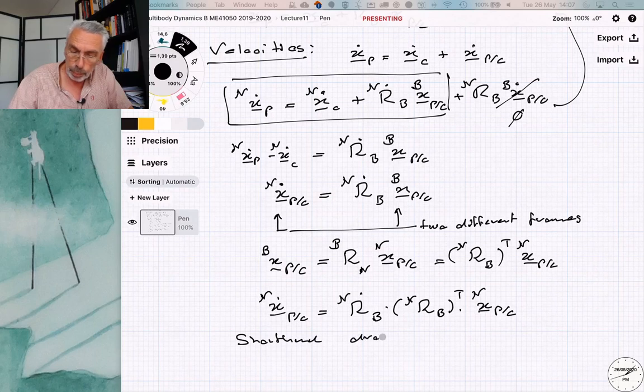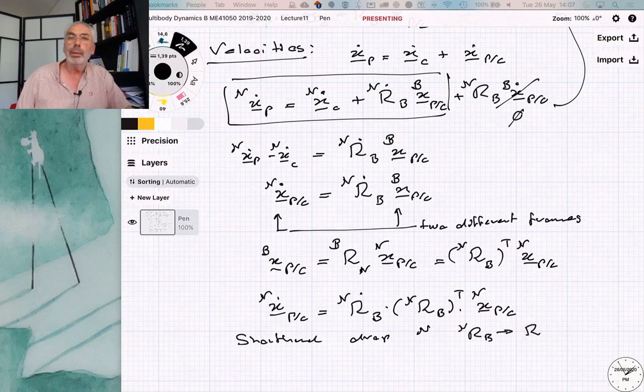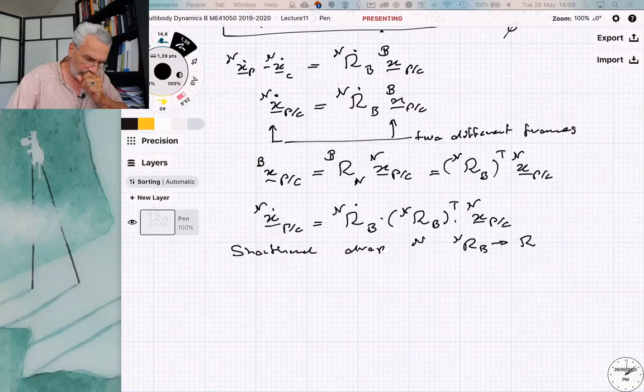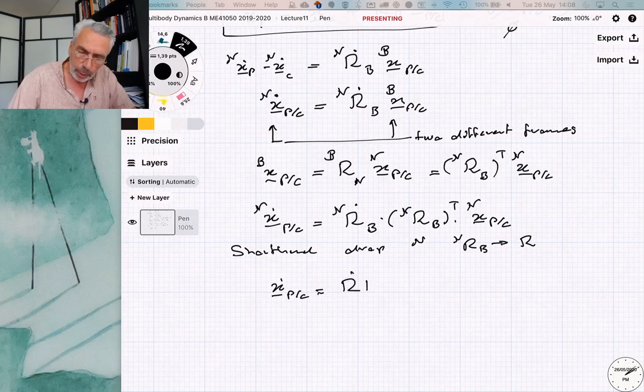That is, drop the n and write just R instead of R b n, the rotation matrix. I mean, there's only one thing or so. So if we do that, then we get the following expression: x dot p with respect to c is R dot R transpose times x.